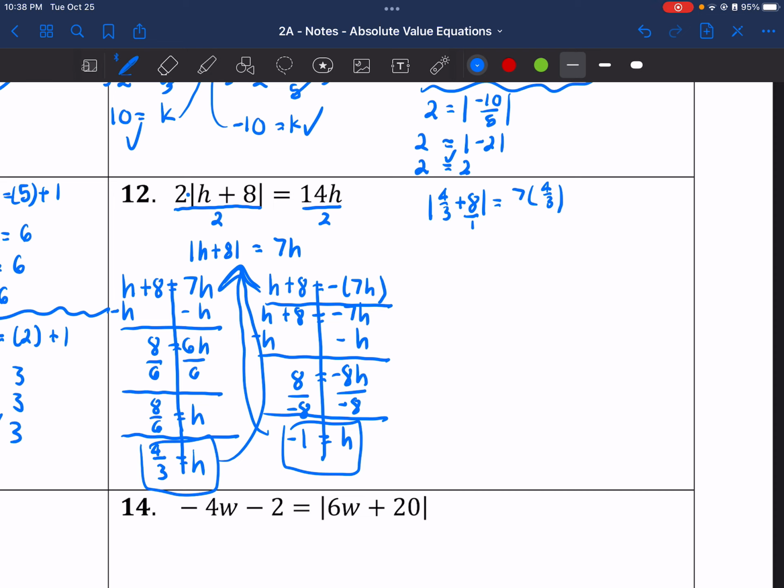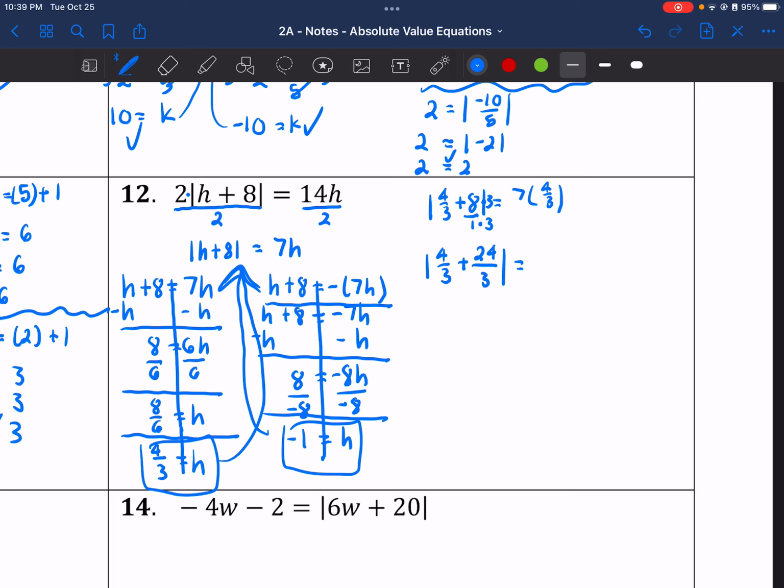The common denominator between 3 and 1 is 3, so I'm going to multiply both the top and the bottom by 3. So now I get the absolute value of 4 over 3 plus 8 times 3, which is going to be 24, over 3 times 1, which is just 3.